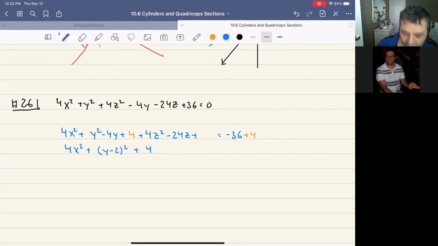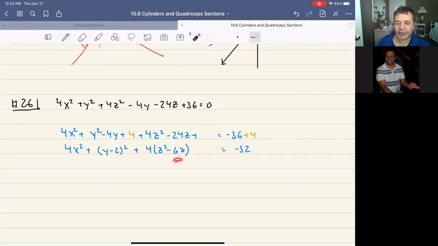So let's do 4 z squared minus 6z. And right now we're here at negative 32. Now here, like I said, I screwed up, but I caught it. What do I have to do to complete the square? I have to add 9, right?